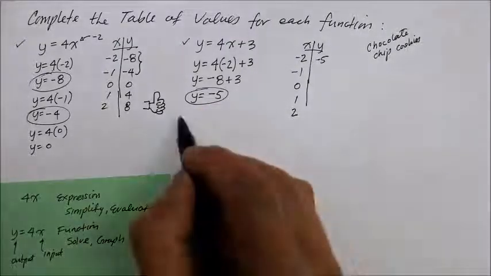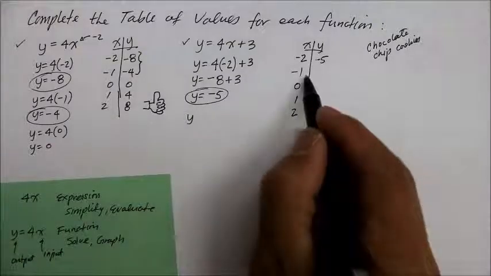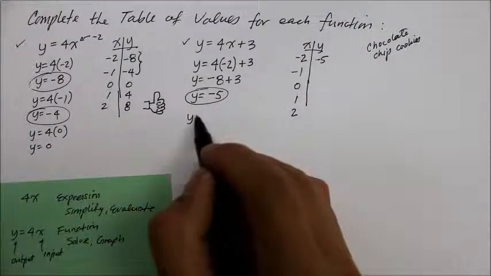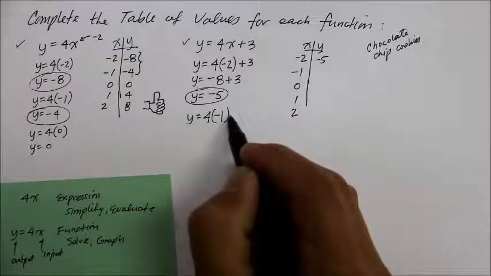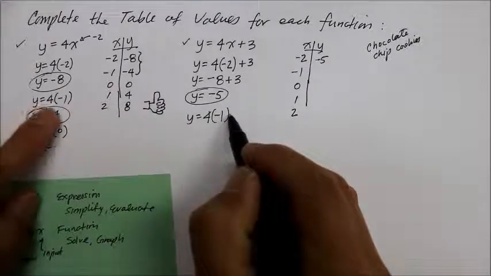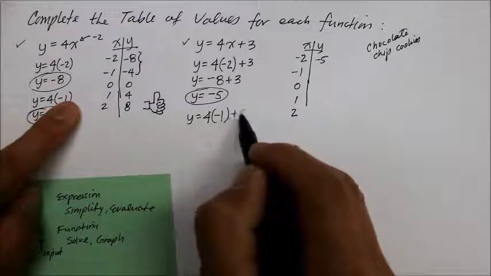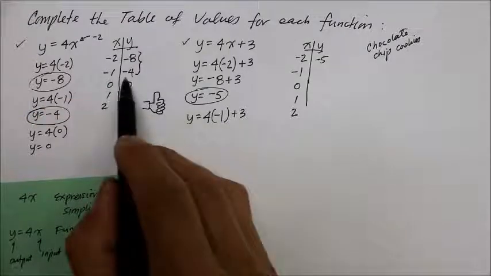Now check this out. What's going to happen if I put in x equals negative 1? So you go 4 times x, which is negative 1 this time, and whatever you get, unlike last time where you stop, you're going to add 3 to that. Does that mean whatever you had was negative 4, so when you add 3, it becomes negative 1?